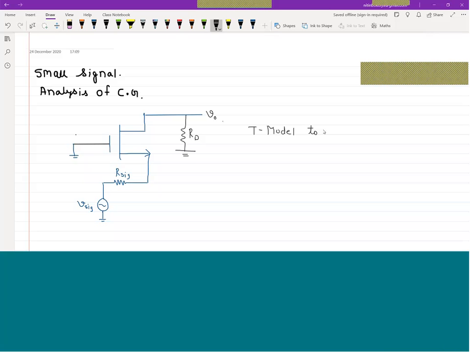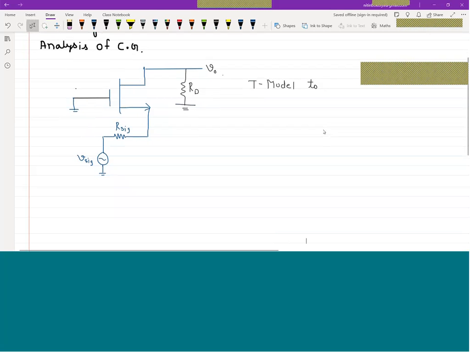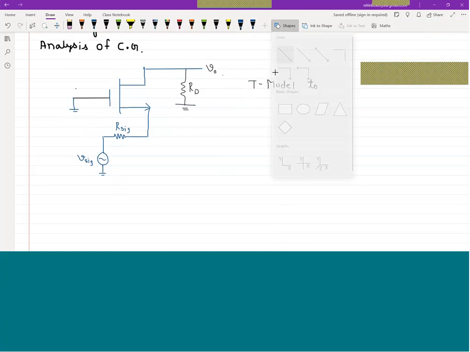Okay. So how to use this to analyze the circuit. We are having one gate terminal.